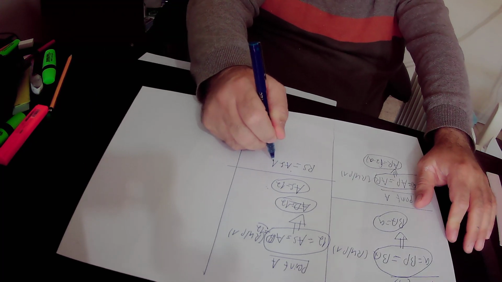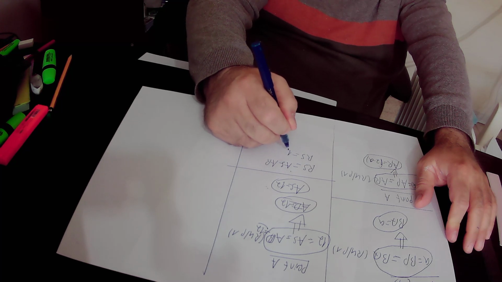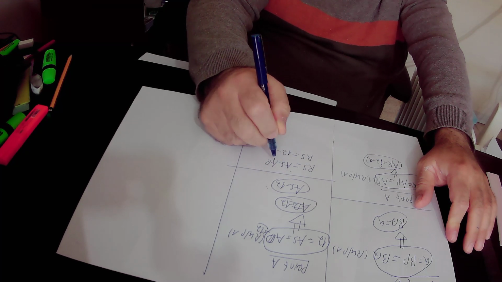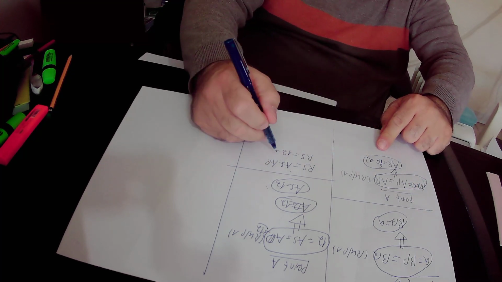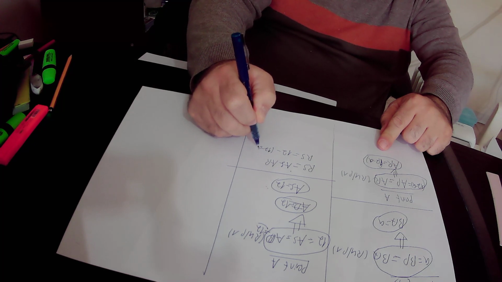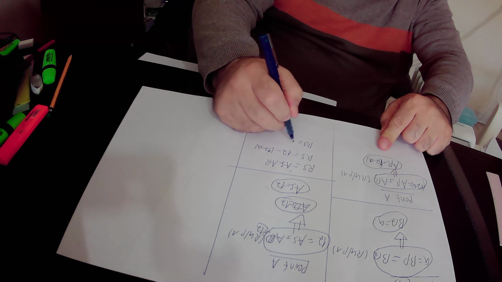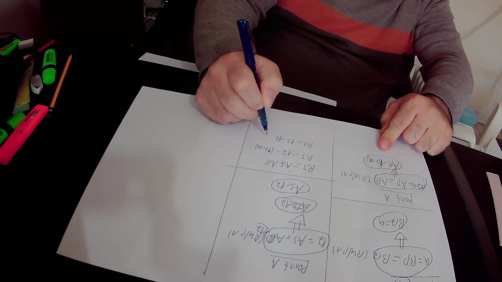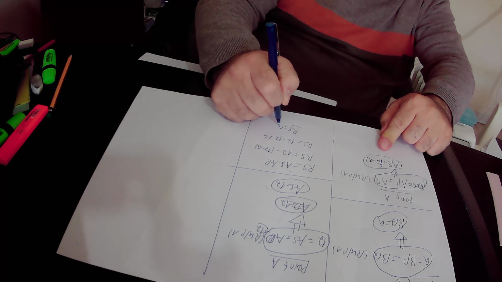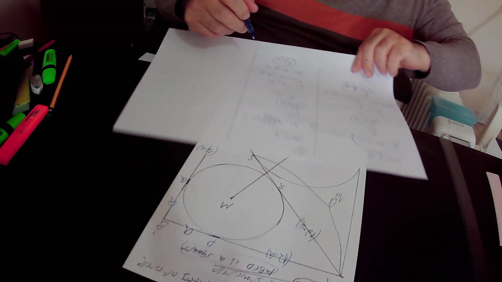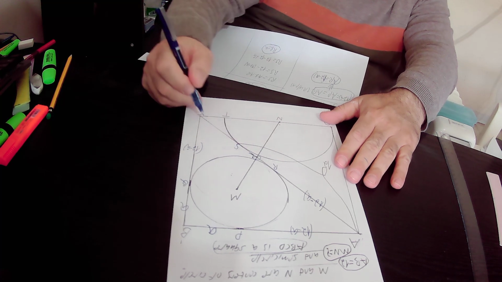So RS equals AS, that is 12 units, minus AR, that is, according to what we have already found out, 12 minus A. Here we will open the brackets, and we will get that RS equals 12 minus 12, which is 0, plus A. In conclusion, we found out that RS equals A units. Here we can write down that RS equals A units.